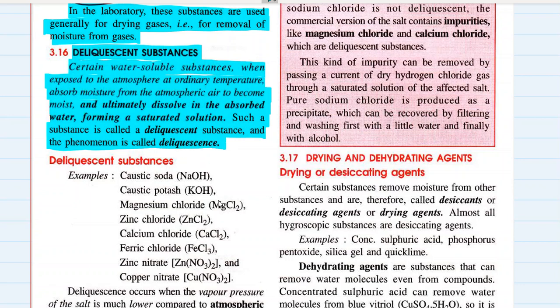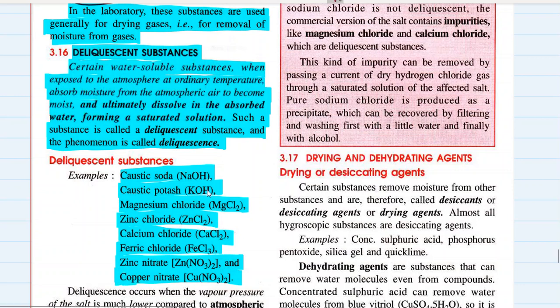Okay, so I will give you some examples. Caustic soda, sodium hydroxide; caustic potash, potassium hydroxide; magnesium chloride, MgCl2; zinc chloride, calcium chloride, ferric chloride, zinc nitrate, copper nitrate. You must take care that all these substances must be kept dry.